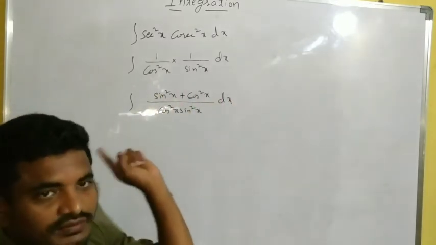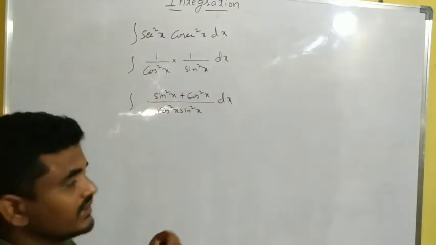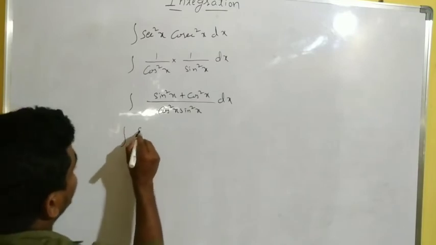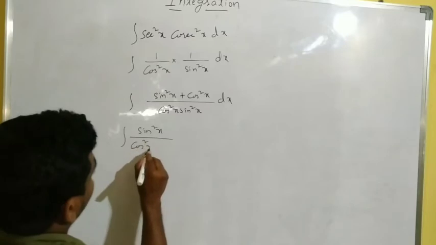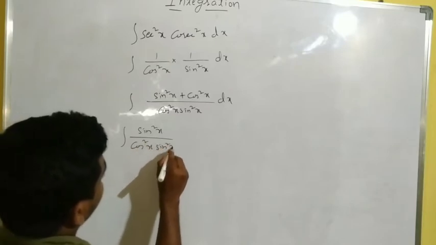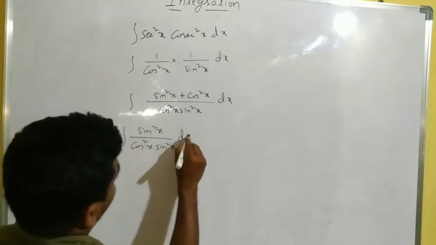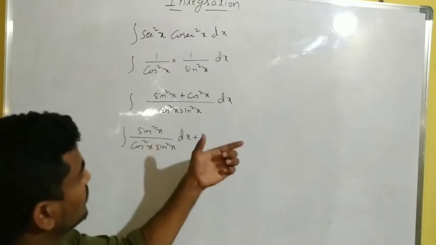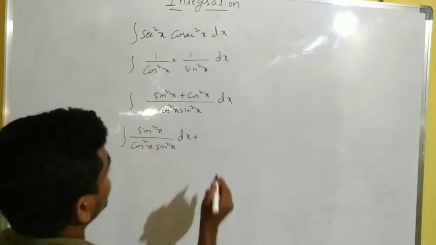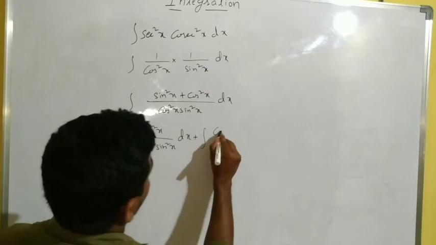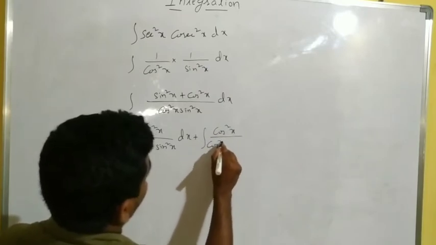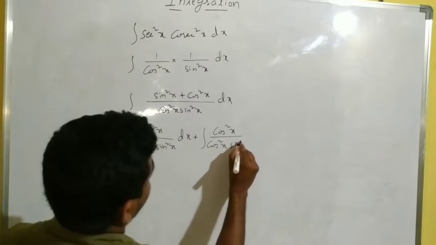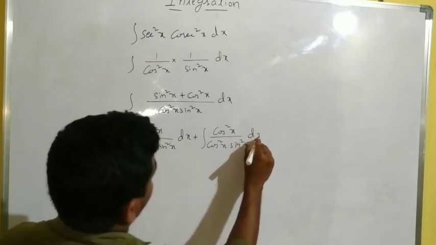Now there are two terms, and I take them as individual. Integration of sin square x by cos square x into sin square x dx plus integration of cos square x by cos square x into sin square x dx.